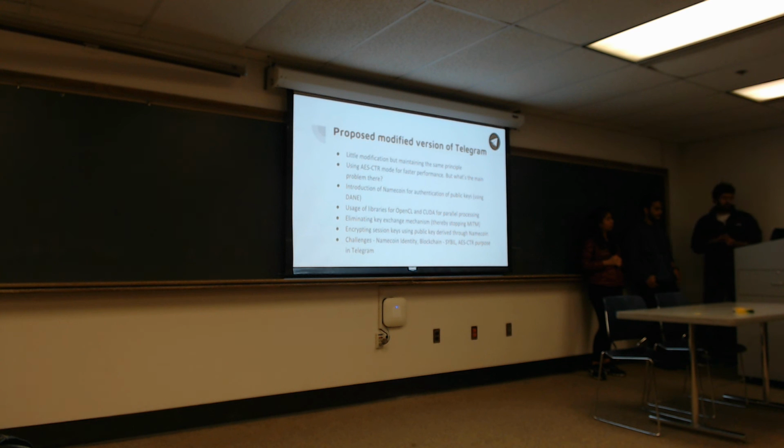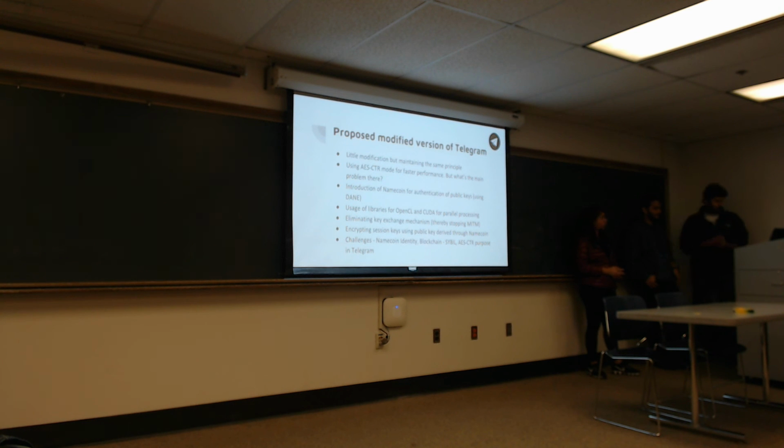So Namecoin utilizes DANE and puts it into a blockchain. Every entity on the network is now part of the Namecoin blockchain. So if I want to communicate with, say, Apu, I'll initially ask the Namecoin blockchain for Apu's identity. And since it's a blockchain, they presume that proof of work and those things will make it more secure.